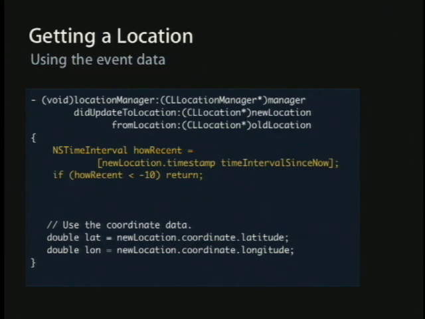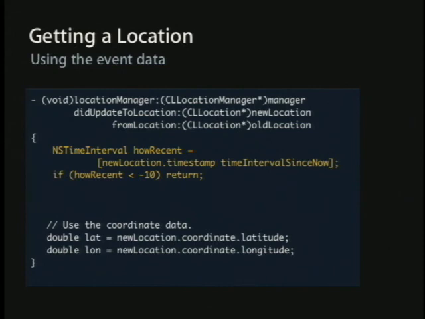And then I also mentioned that you can figure out how long it's been since the last notification you got. So there's actually a timestamp property on a CLLocation. Because there's a new one generated for every particular notification you get, they're also timestamped. So newLocation.timestamp is the time that that location was generated. And you can get timeIntervalSinceNow, which is a method on, I guess it's an NSDate, yeah, must be an NSDate.